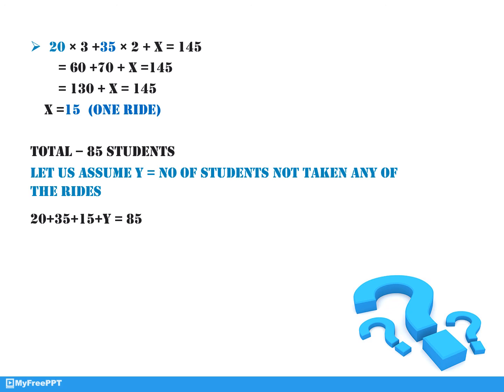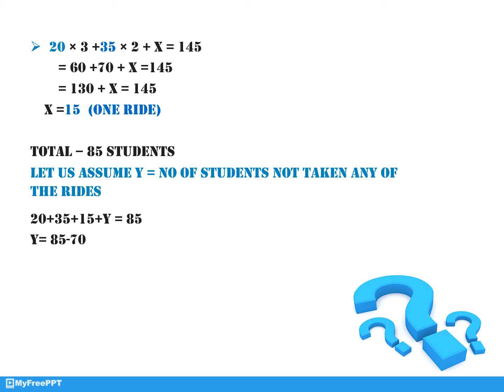From these we can make another equation regarding the number of students: 20 plus 35 plus 15, that is 20 students who took 3 rides, 35 students who took 2 rides, and 15 students who took 1 ride, plus y, that means the students who did not take any ride. This overall total is equal to 85.